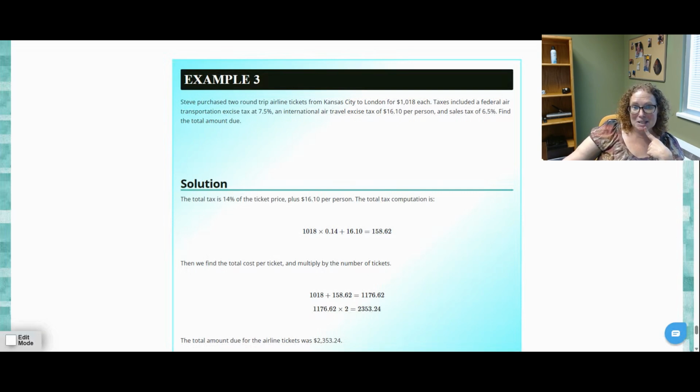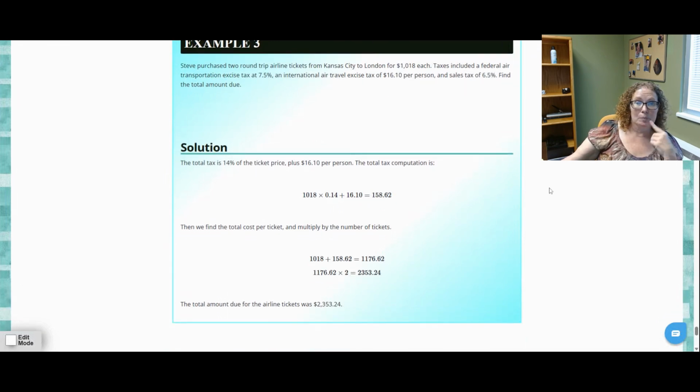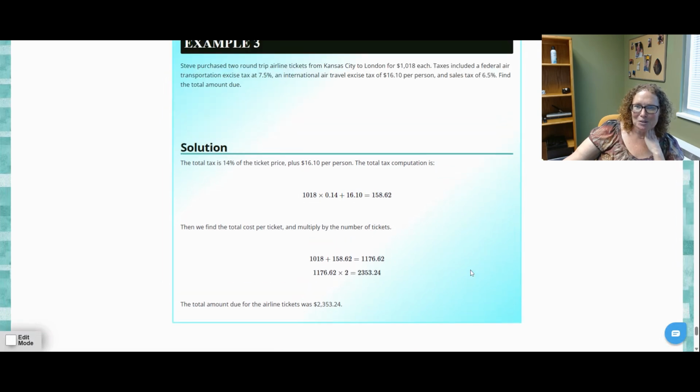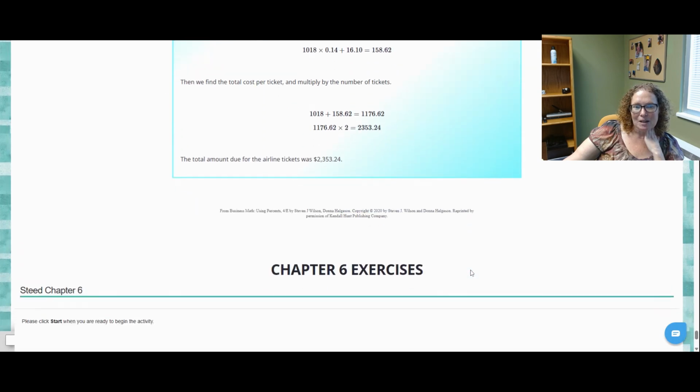But in this case, we needed to add an air transportation excise tax, an international air travel excise tax, and the sales tax. And so once we add all of those together, do the multiplication and add, we're going to get a total of $2,353.24, which is a little bit above that 2,000. So you've got to take in consideration that extra amount.